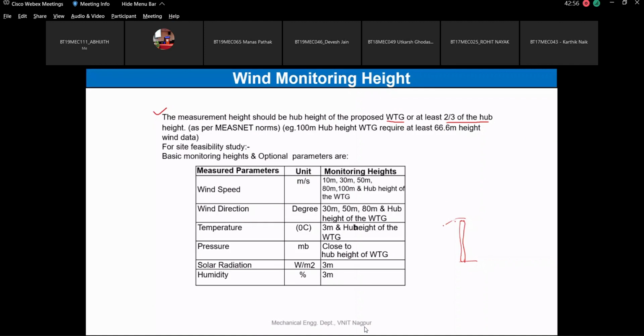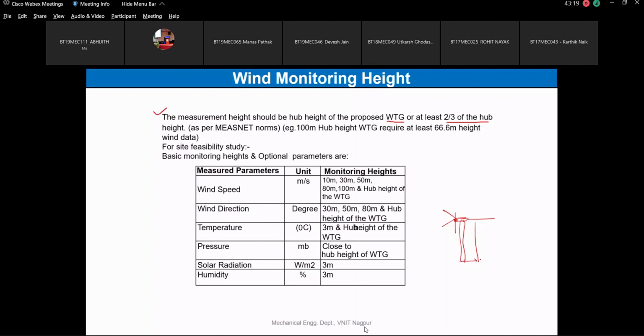Suppose at the 100 meter we are planning to set up the wind turbine. So for at least 60, at the height of 66.66, we have to mount the anemometer or the wind vanes.